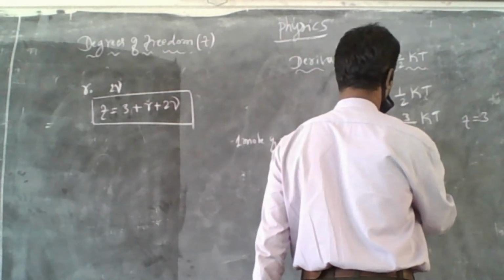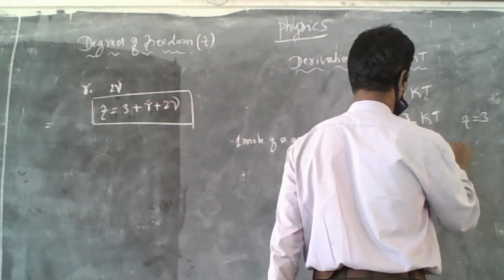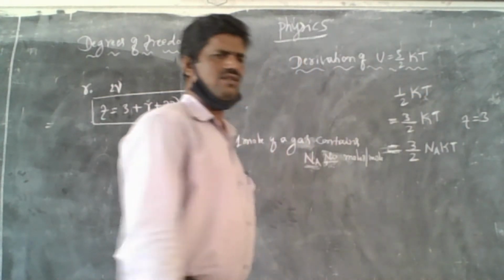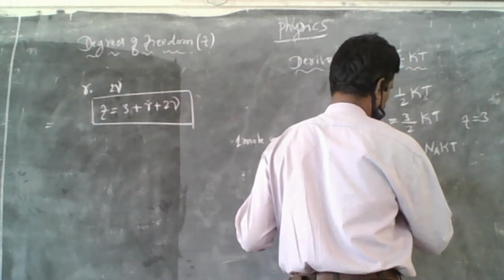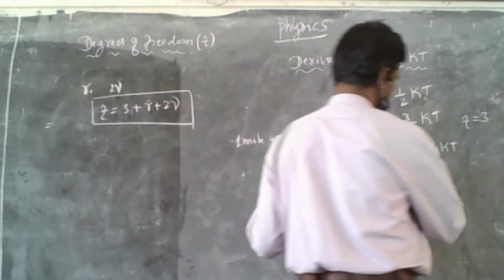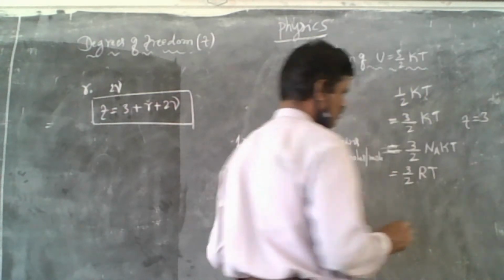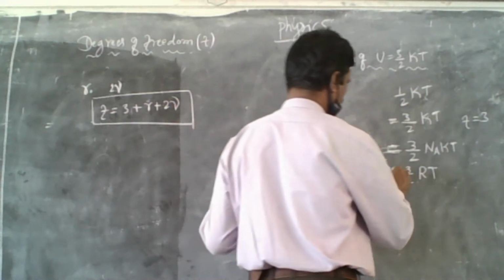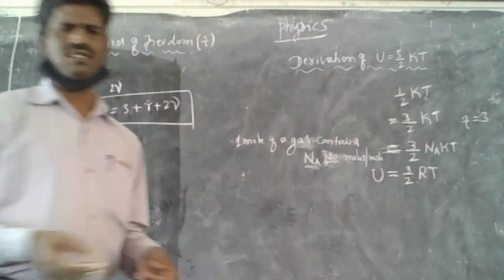Therefore 3/2 NaKT, where NaK is known as the universal gas constant, gives 3/2 RT. This is the internal energy. U is known as the internal energy.